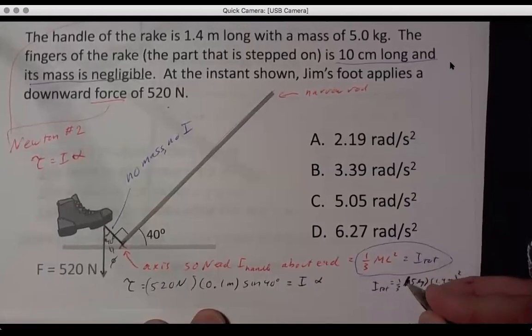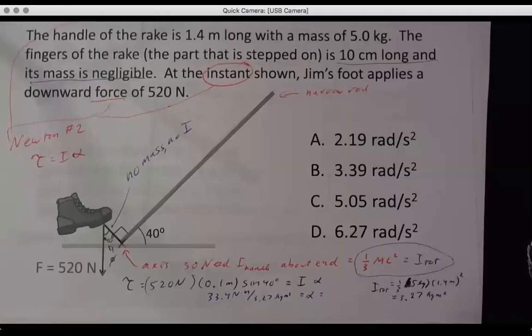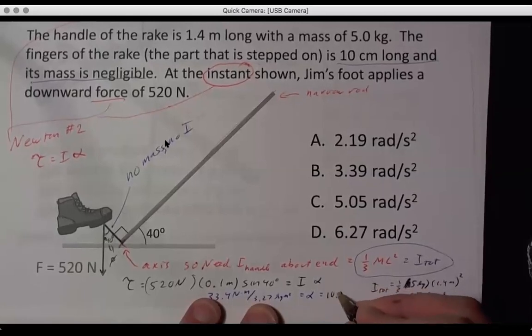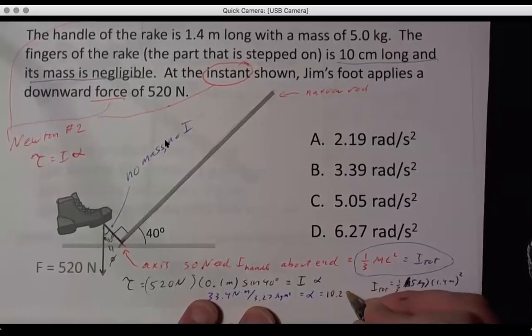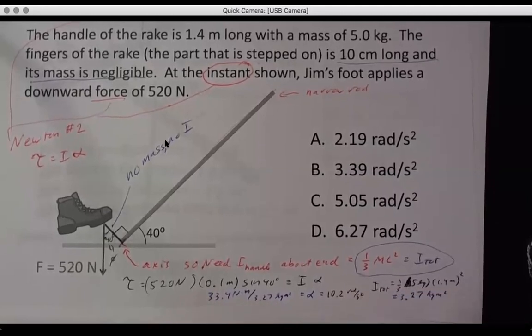And so let's go ahead and put this into a calculator, which I'll do here for you. Okay, so if we put the numbers in, we end up with 10.22 radians per second squared for alpha.